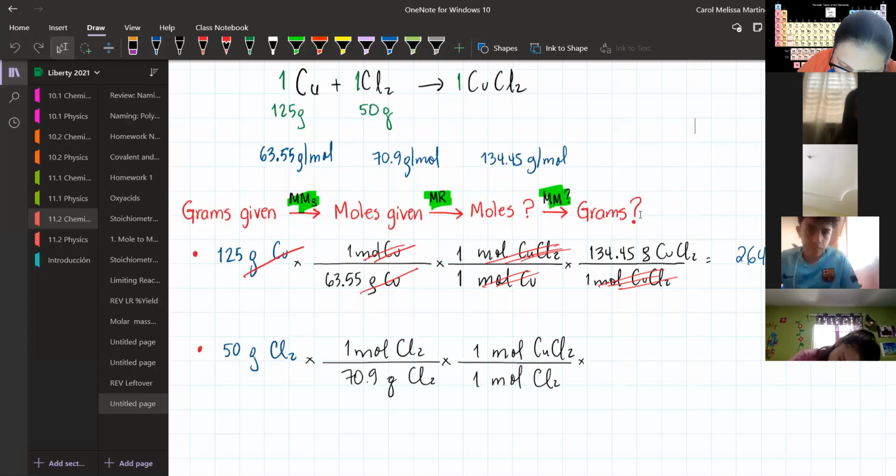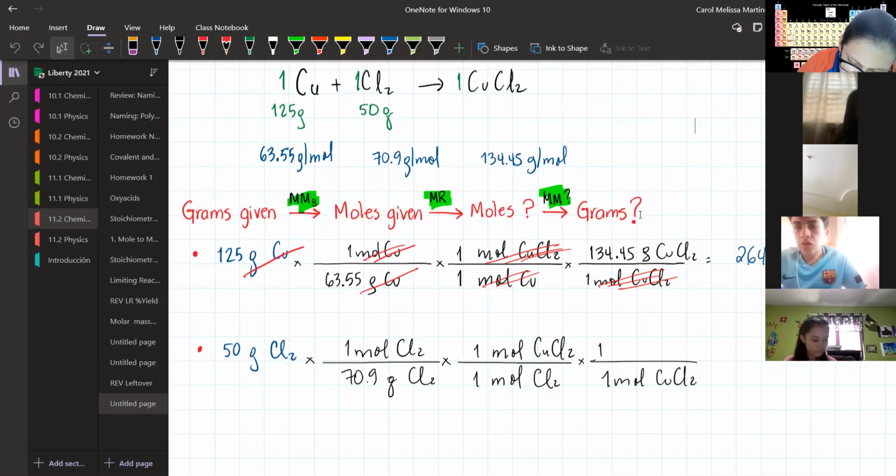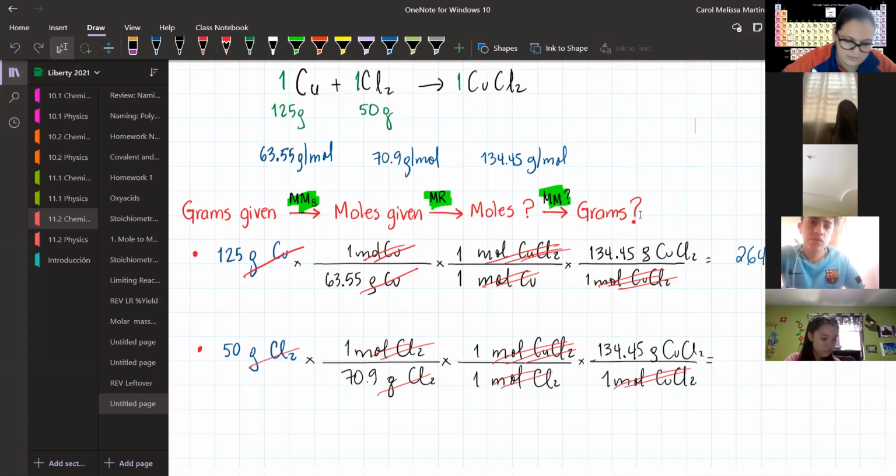And then in the last step, I have the molar mass of the unknown. So 1 mole of CuCl2, 134.45 grams CuCl2. How much do you get from this? 94.82 grams.